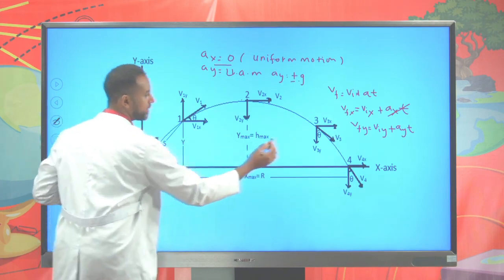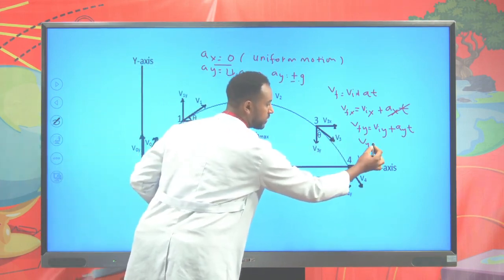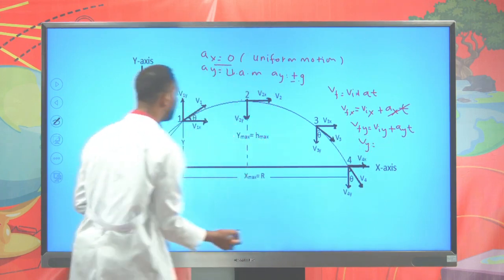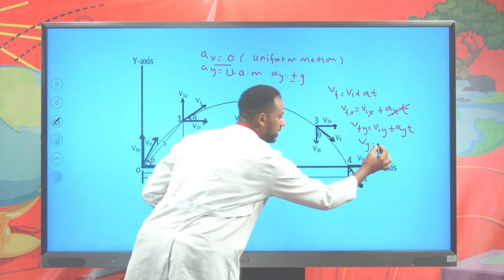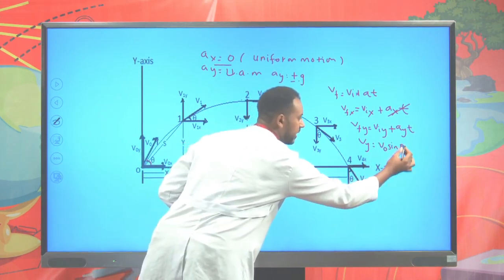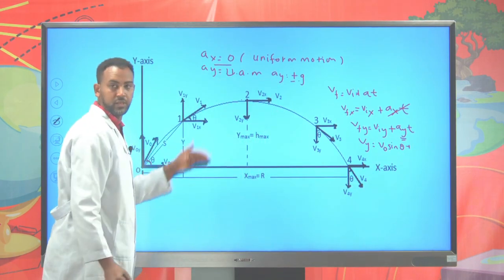Here, v final y, meaning the velocity at a given time t. The initial velocity component, previously we said, is v naught sine theta, and plus here we have to put the gravity.